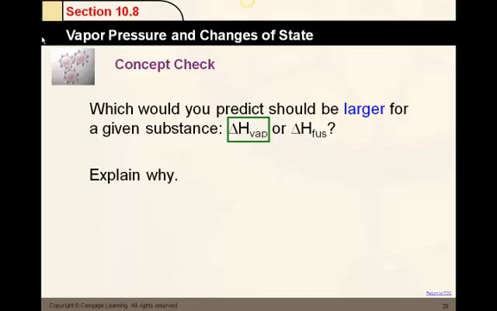It's pretty obvious that it's going to take more energy to go from a liquid to a gas. More energy is going to be needed because those molecules need to be significantly further apart than they do in a situation with fusion where you're going from a solid to a liquid. Think about an ice cube and that melted ice cube.